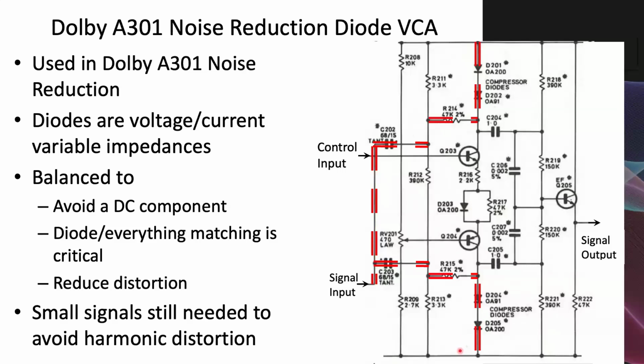And like the two halves of the bridge rectifier, the signal distortion cancels itself out, and then these two signals are combined through here to cancel out some of the distortion caused by the system. It also helps reduce DC component feed through, but you still need quite small signals.